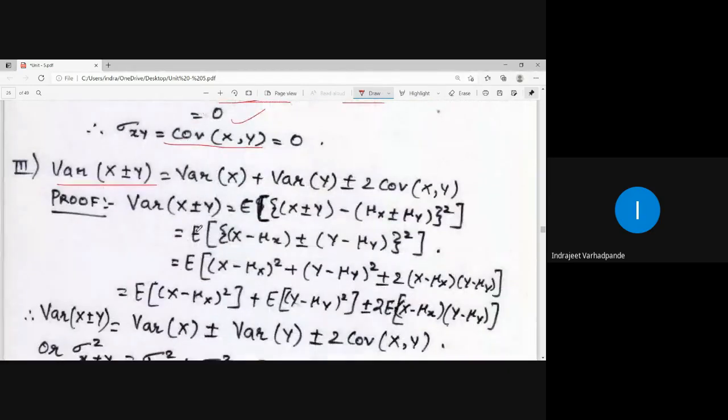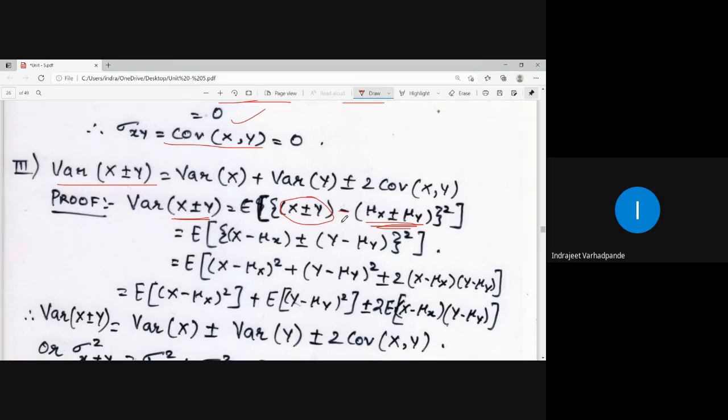So similarly, I am calculating here variance of x plus minus y. So variance of x plus minus y means expectation of x plus minus y minus mu x. Now mu x and mu y both are involved here, so I will be writing down mu x plus minus mu y, whole square. So expectation of this random variable minus their corresponding expectations whole square.